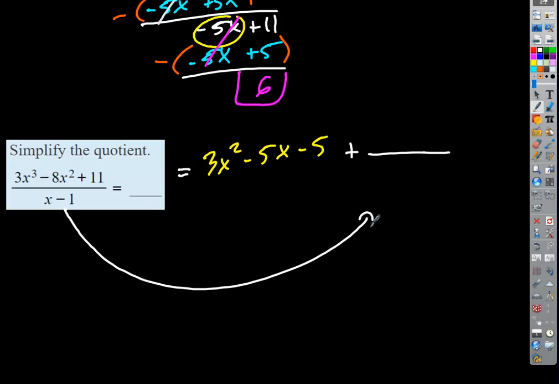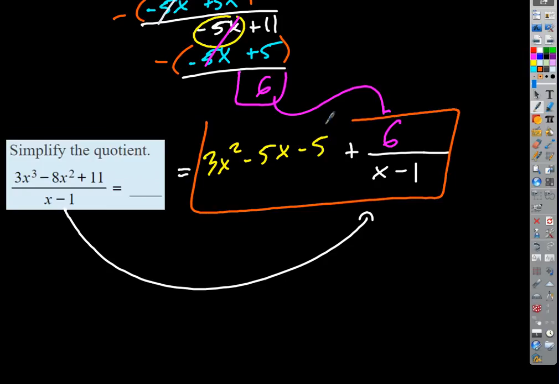My denominator is x minus 1. What remains over the denominator? 6. Okay, so that is our answer.